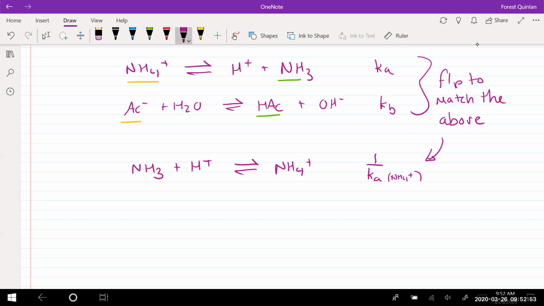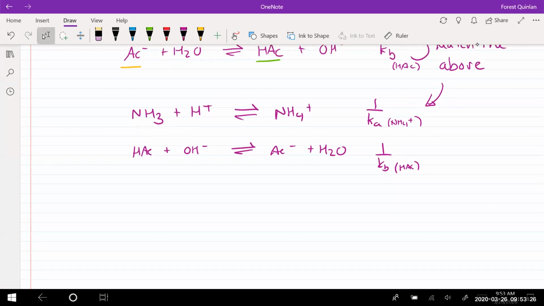So it's the Ka of NH4 plus, and this is the Kb for HAC. If I flip the other one around, I'll have HAC plus OH minus goes back and forth to make AC minus and H2O. And that's 1 over the Kb for HAC.